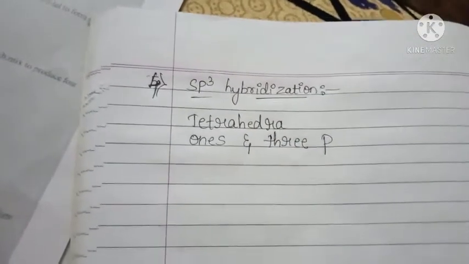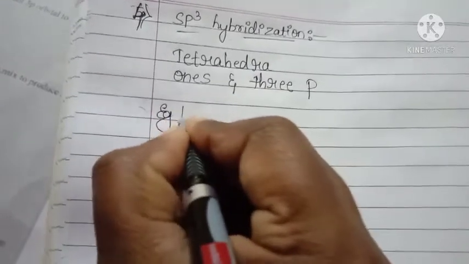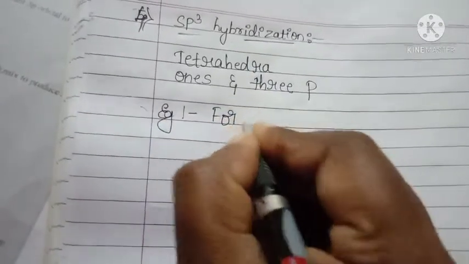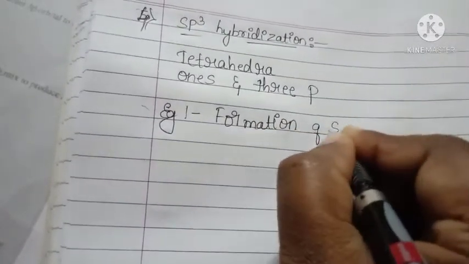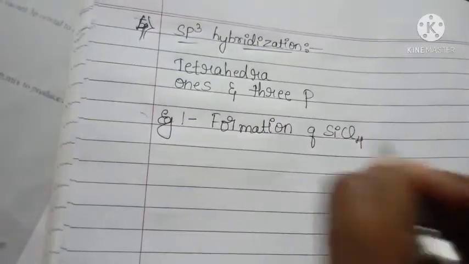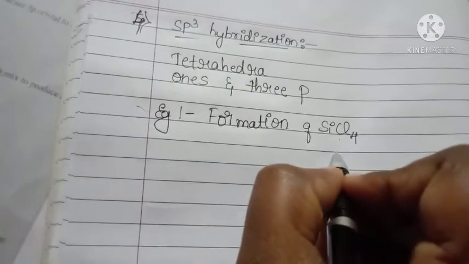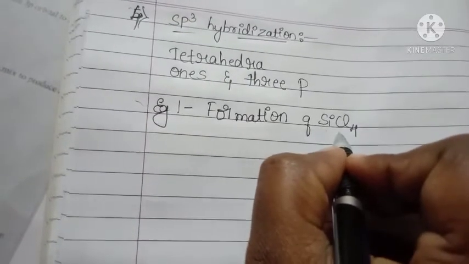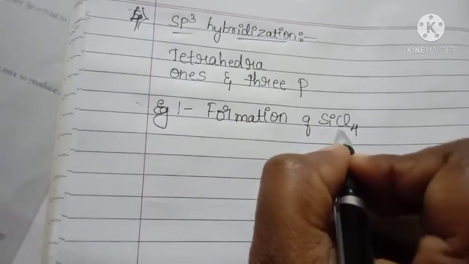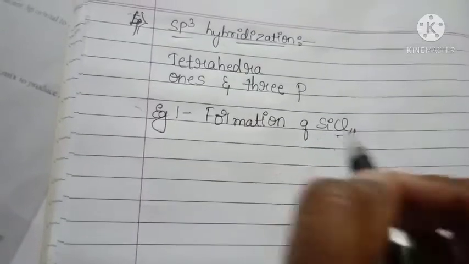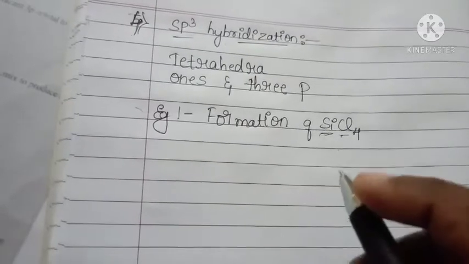This is the sp3 hybridization, and the example is formation of SiCl4, silicon tetrachloride. Here they are not giving a complex, only a molecular compound. How many chlorine atoms are there? 4. So silicon provides 4 unpaired electron orbitals.